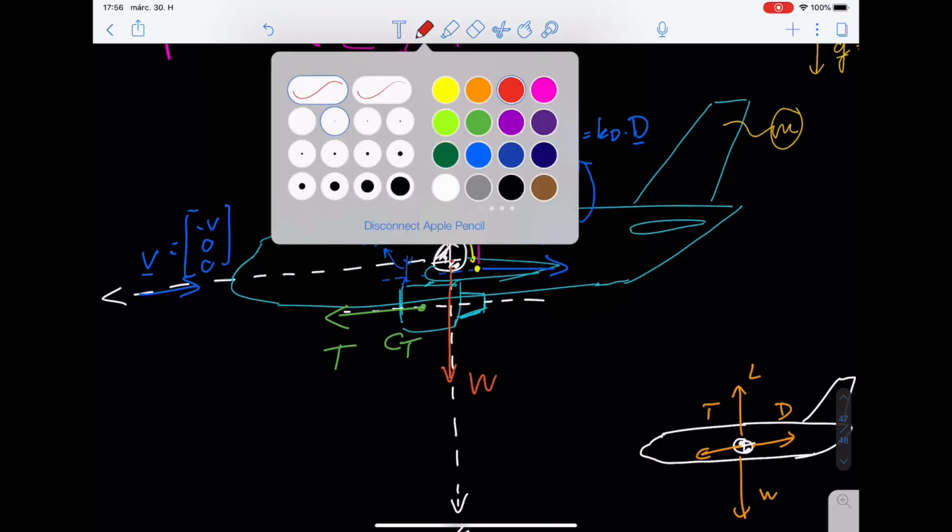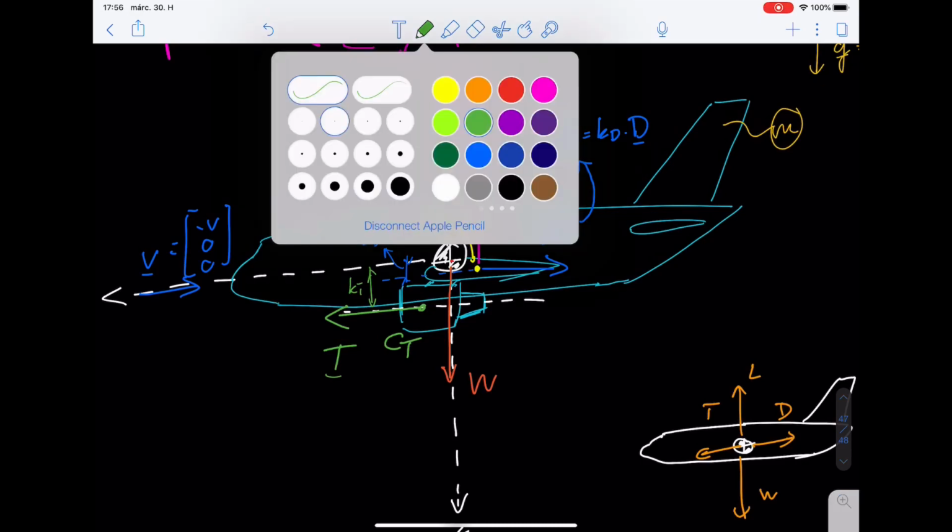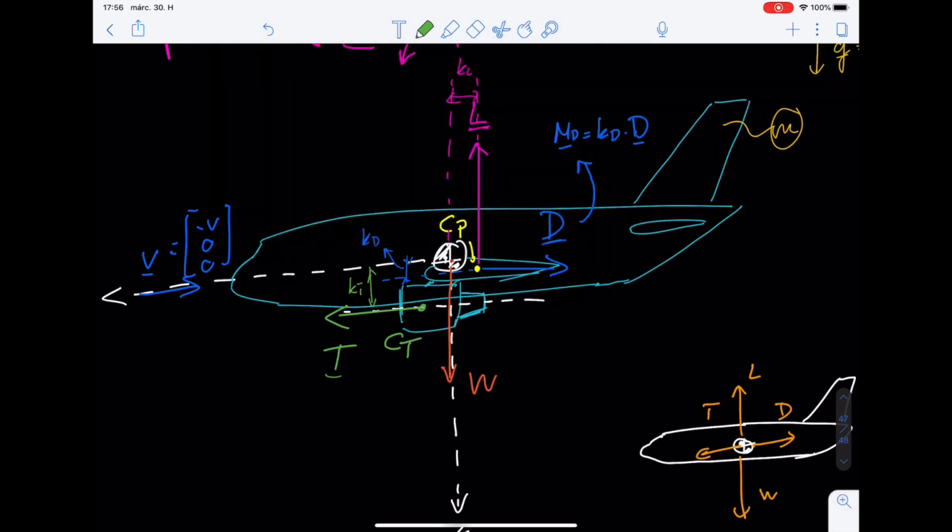However, you can see, since the engine is down here, we're going to have a KT arm around the center of gravity. So it's going to be generating a moment which is clockwise, and the magnitude you can calculate by multiplying the arm between the axis in which the thrust force is acting and the longitudinal axis times the thrust force.